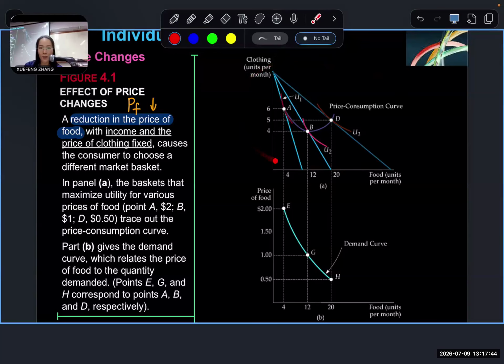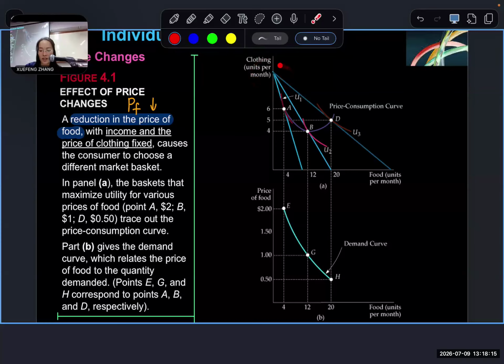The upper part, panel A, how to read it. So price of food falls, right? Remember, we have the assumption here. Okay, so at first we're at point A, right? We have budget line here and indifference curve here. So we have our initial point, which is A. And then when price of food falls, what will happen to the budget line?